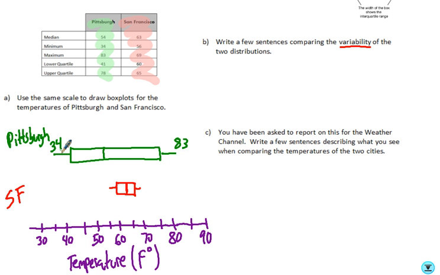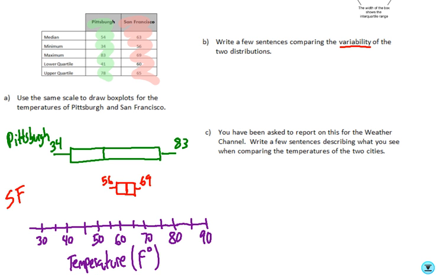So if we talk about the range there, that's a range of almost 50 degrees. Whereas if we talk about San Francisco, the hottest temperature we saw was 69, and the coldest temperature we saw was 56. So that's only a range or a difference of 13 degrees, not a very big difference at all, right?